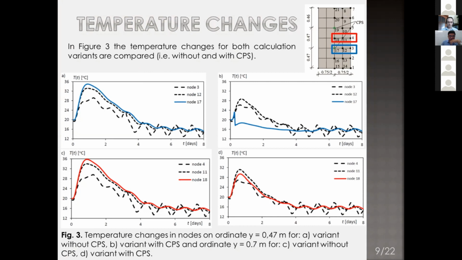So let's see the results of temperature changes. On the left side, we have temperature changes in the variant without the cooling pipe system. On the right side, with the cooling pipe system. Blue lines describe temperature changes at the level where the first cooling pipe was located, and red lines at the middle height of this wall.